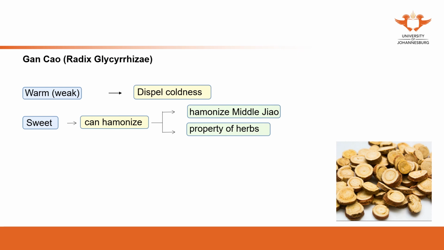When we use the whole formula together, especially mahuang and guizhi, guizhi can enhance the perspiration function of mahuang. That's why the patient may present with perspiration after taking this medicine, especially as described in the 伤寒杂病论.